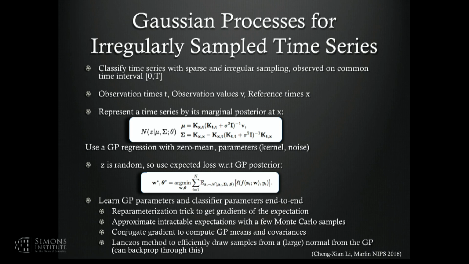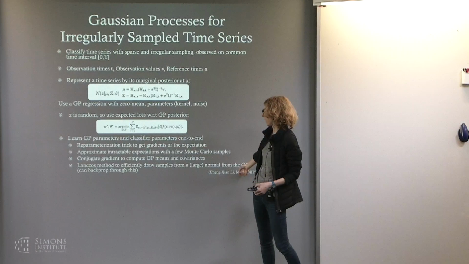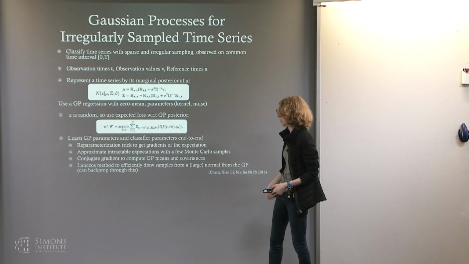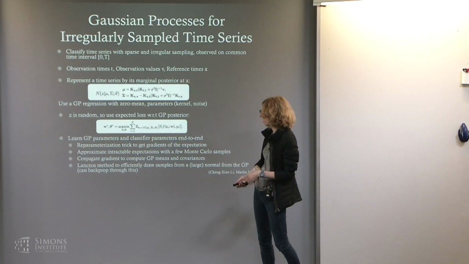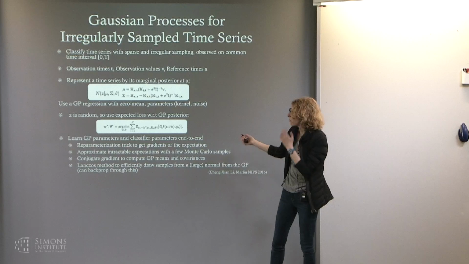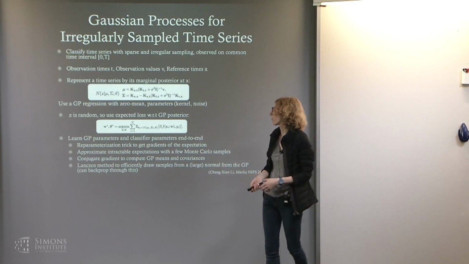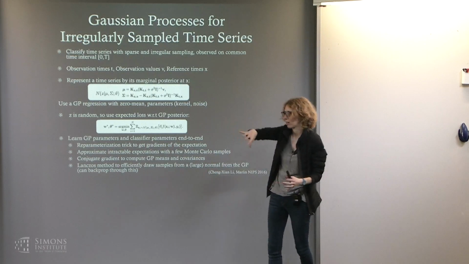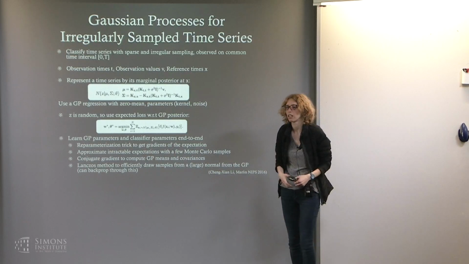And then we approximate the intractable expectation with a few Monte Carlo samples, and then we use other things in order to speed up this kind of optimization inference, right? So conjugate gradients to compute the GP means and covariances and the Lanczos method in order to efficiently draw samples from the GP. And then we can do backprop in order to do end-to-end learning through a GP combined with a classifier.